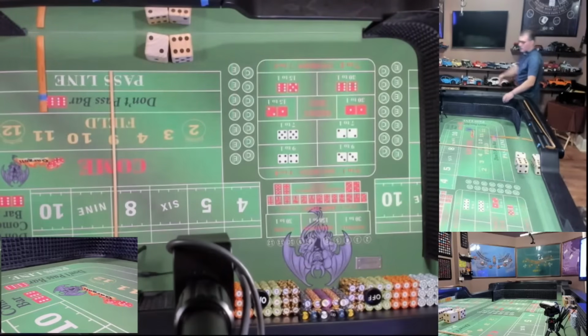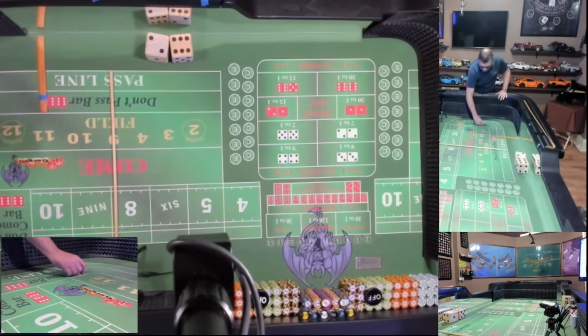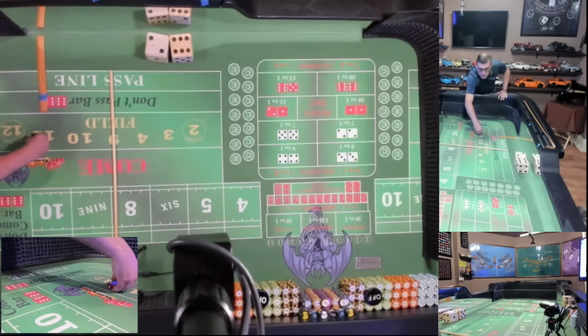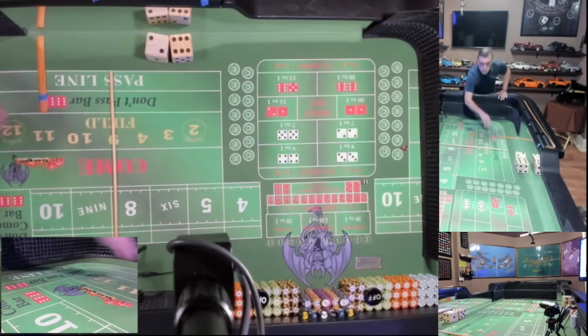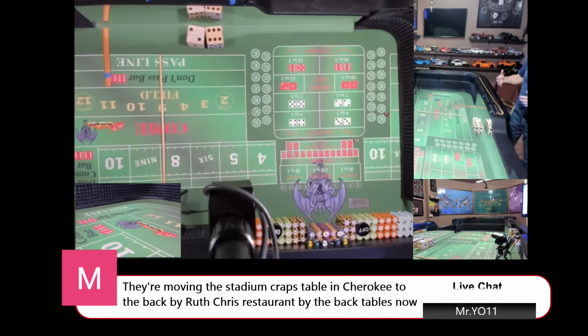My limiter is my arm motion. This is as much as I can stretch. And again, I'm not setting the dice in a certain set. So you can do it like this.